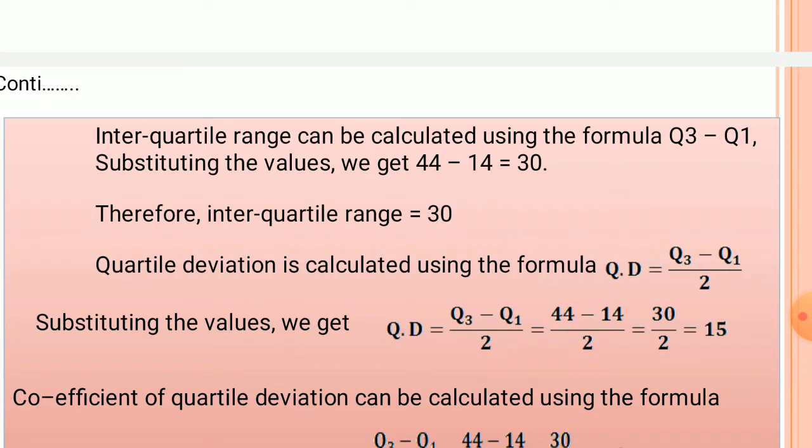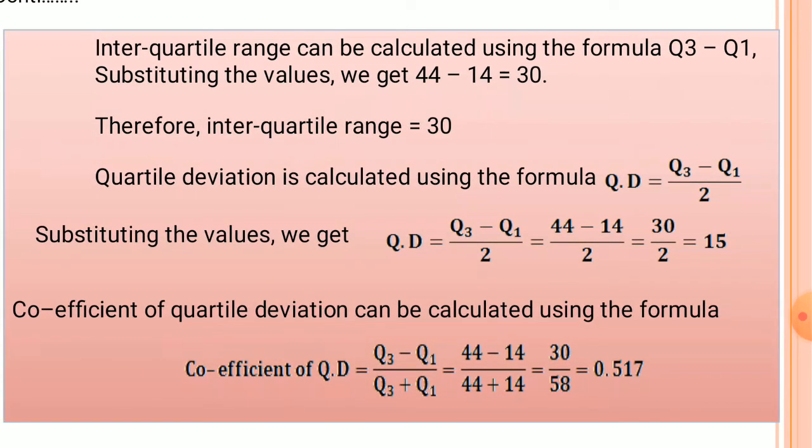Interquartile range is equal to Q3 minus Q1. Substituting these values into the formula, 44 minus 14 is equal to 30. Therefore interquartile range is equal to 30. Now quartile deviation can be calculated using the formula QD is equal to (Q3 minus Q1) by 2.